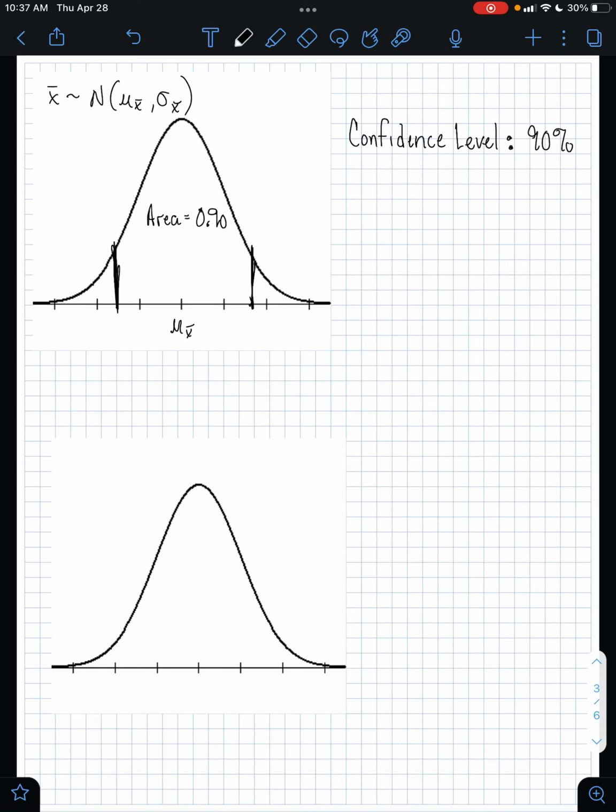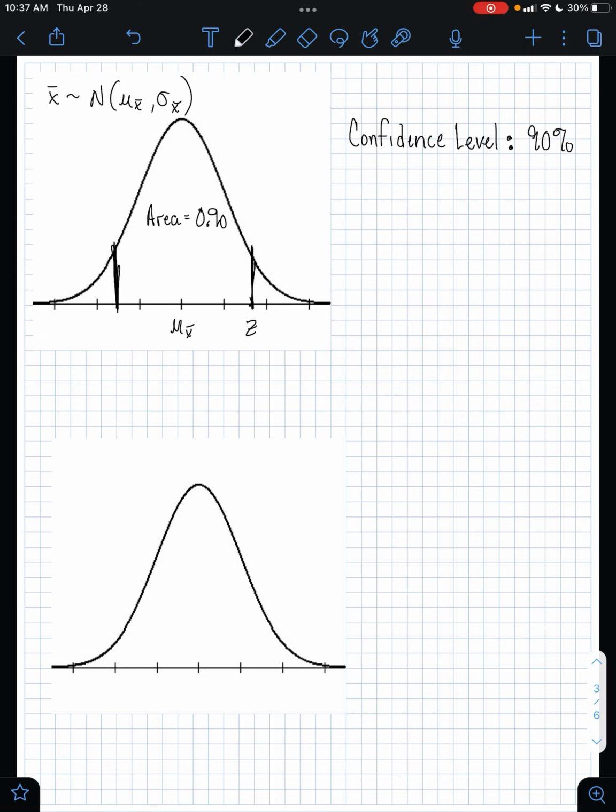Now, what we need is the z-score here, and that z-score is going to be the z that I mentioned earlier, z sub alpha over 2. But what is alpha, and therefore what is alpha over 2?